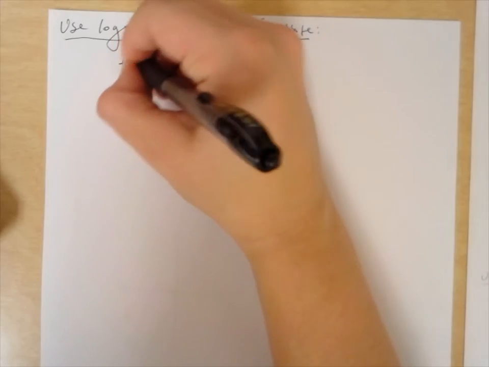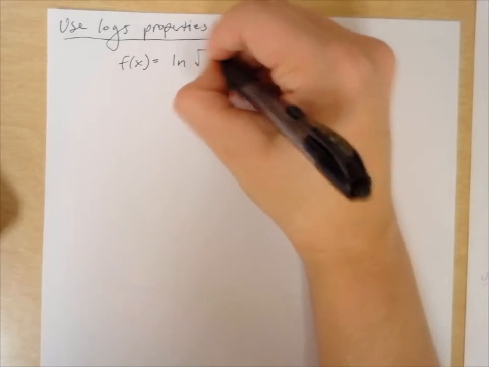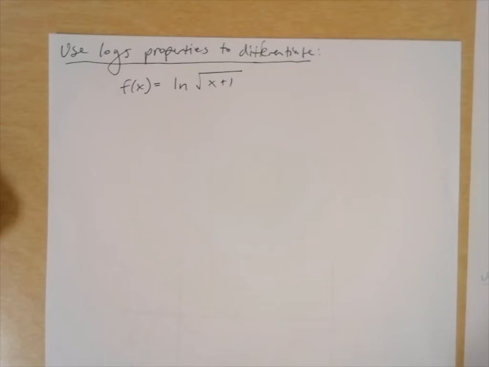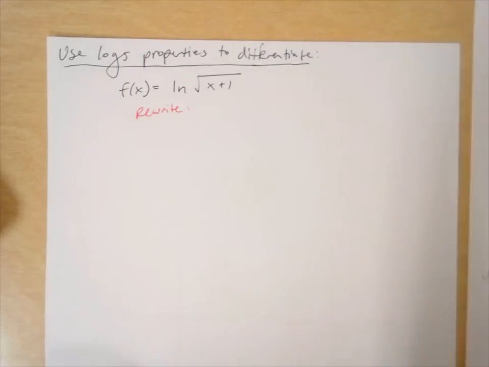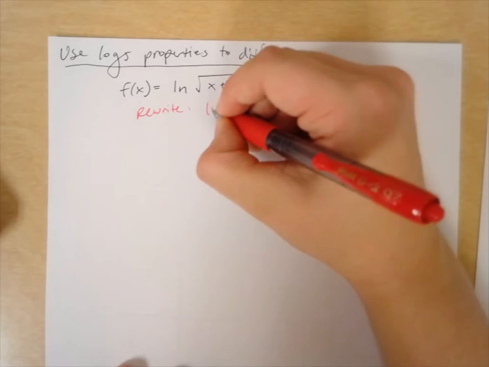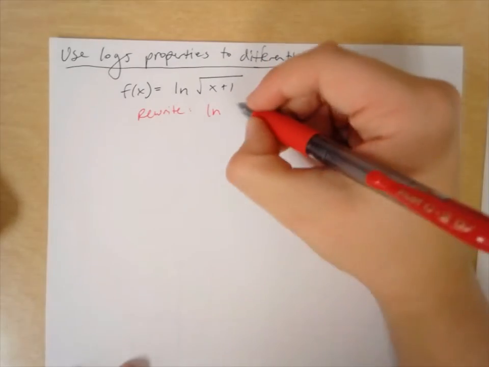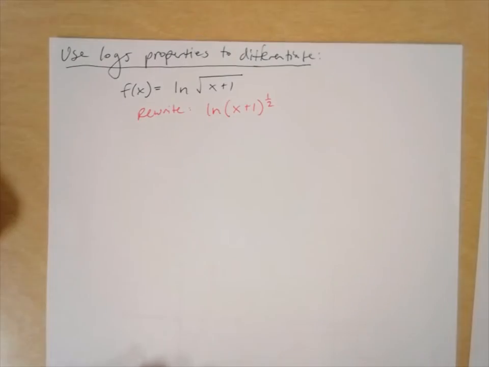If f of x equals the natural log of radical x plus 1, well, you guys are pros at this by now, and you remember me telling you that a good thing to do whenever you have a radical is to immediately rewrite. So we are actually finding the natural log of x plus 1 to the 1/2.